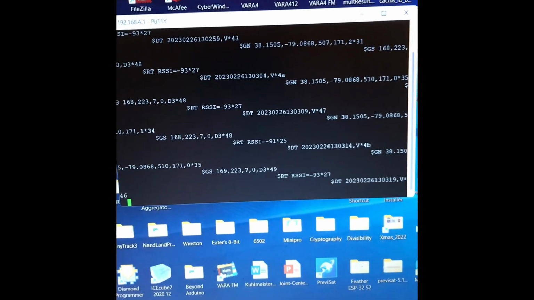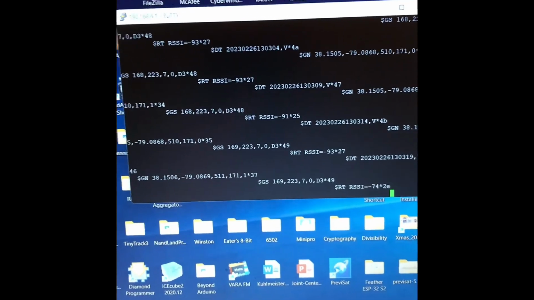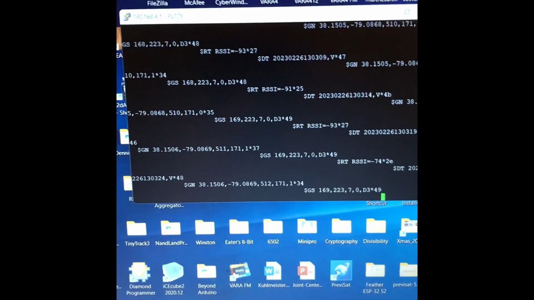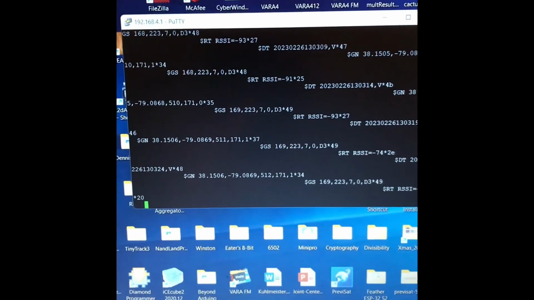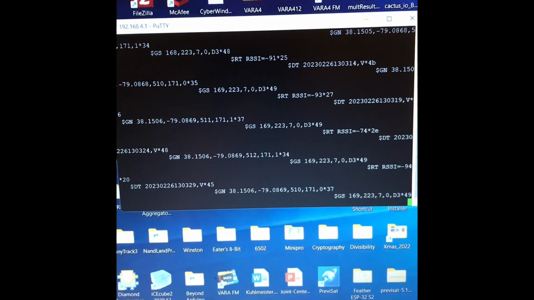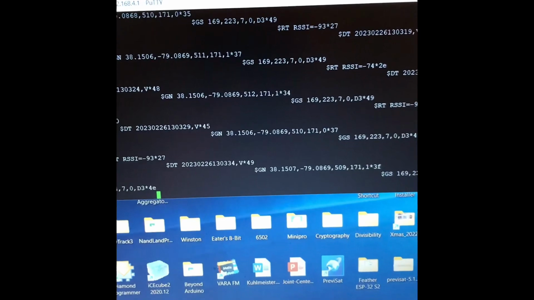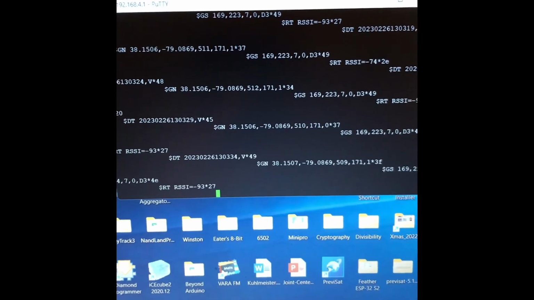So we're connected to the Swarm Eval Kit satellite transceiver via Telnet using PuTTY, and we're receiving a steady stream of reports from the satellite modem that's inside that transceiver.